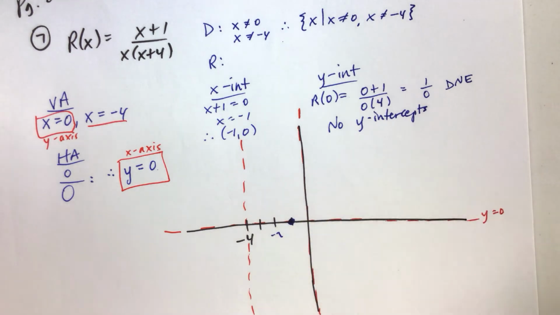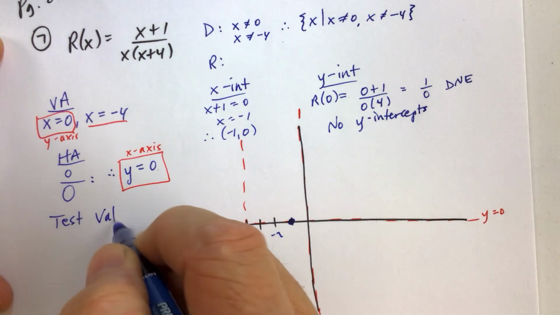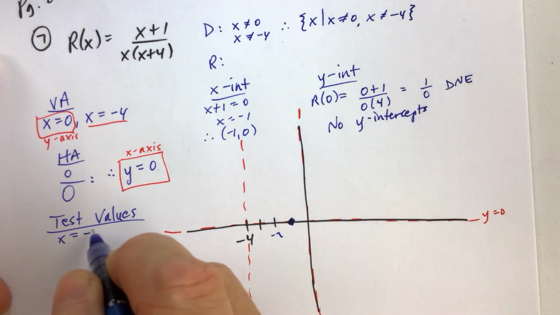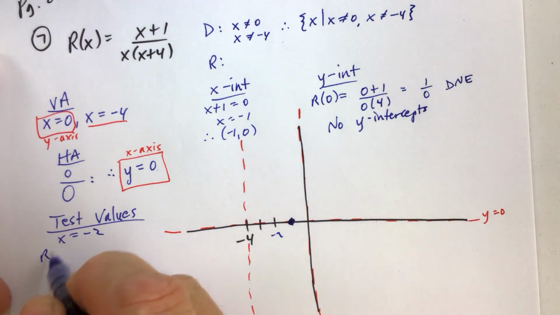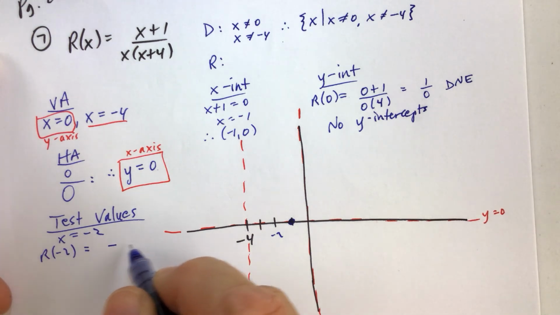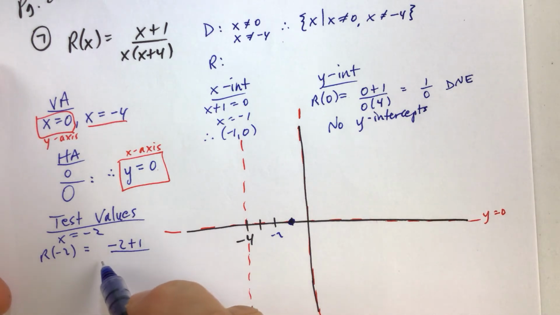If we replace x with negative 2, we're going to test values to see if the graph is above or below the x-axis. So r of negative 2 would be negative 2 plus 1 over negative 2 times negative 2 plus 4. All we really care about is whether the numerator or denominator is positive or negative.